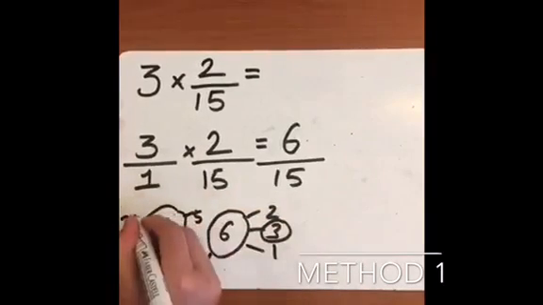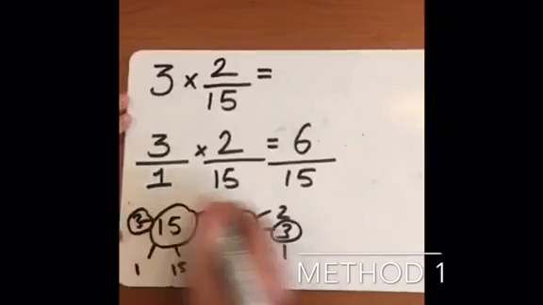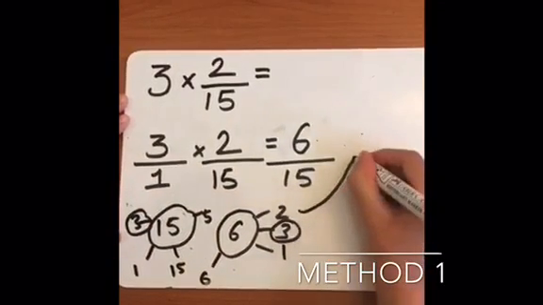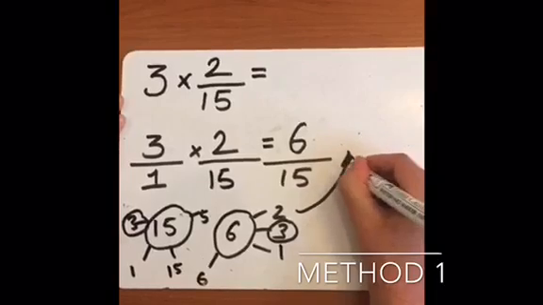Now she has found that there is a common factor, which is 3, which means we'll be able to divide both our numerator and our denominator by 3.